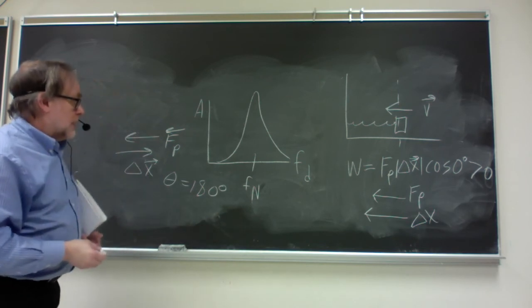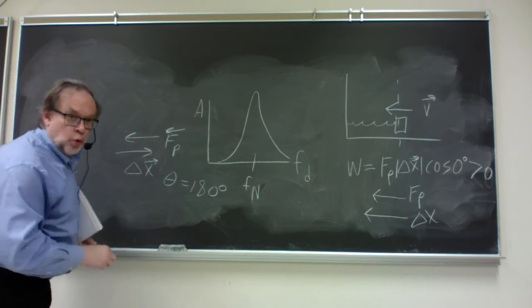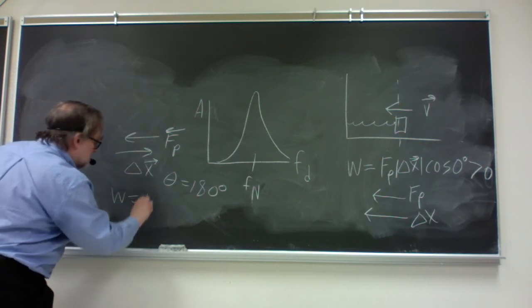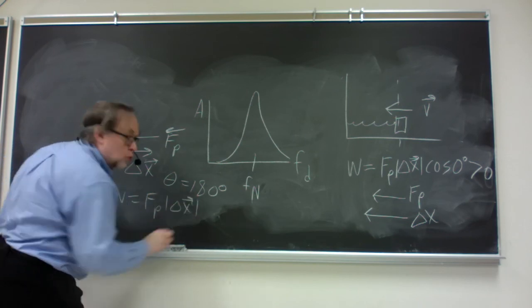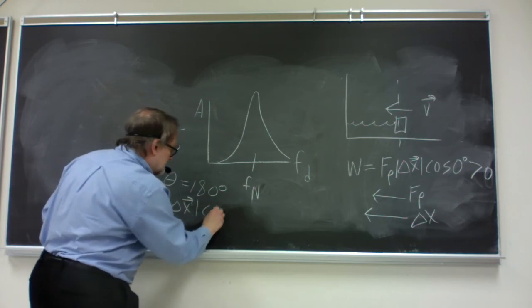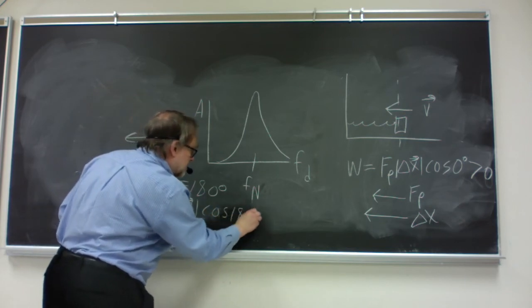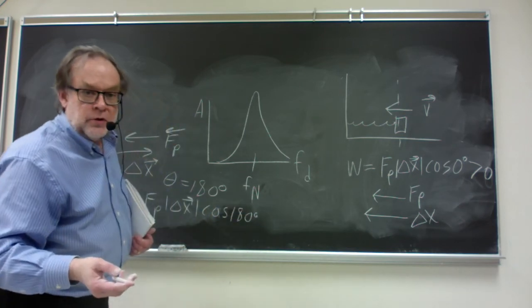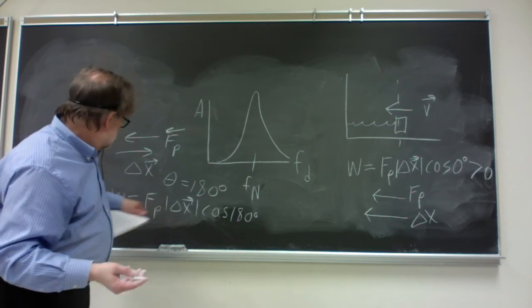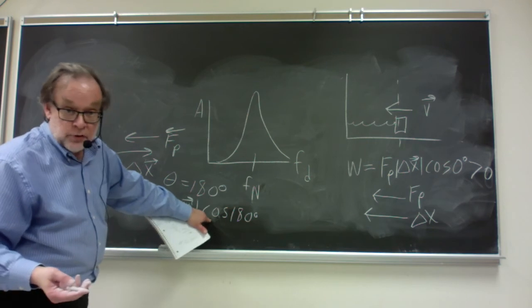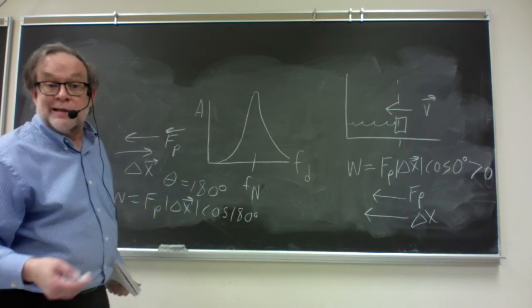And so in that case, the work done is just the strength of the push, magnitude of the displacement that happens while I'm pushing, times cosine of that angle, 180 degrees. As we've seen earlier, cosine of 180 degrees is -1. So that means, with this factor being negative, the work done is negative.